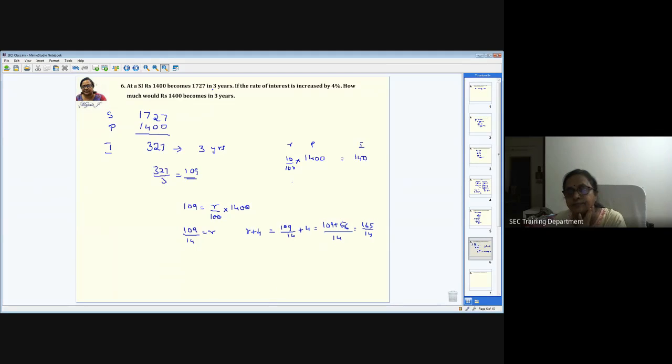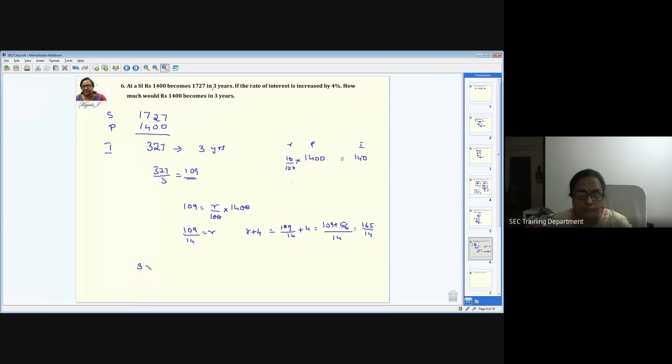Is it clear? The new rate now, after you increase it by 4%, is 165 by 14. Now the question is, how much would the 1400 become in 3 years? So calculate that.